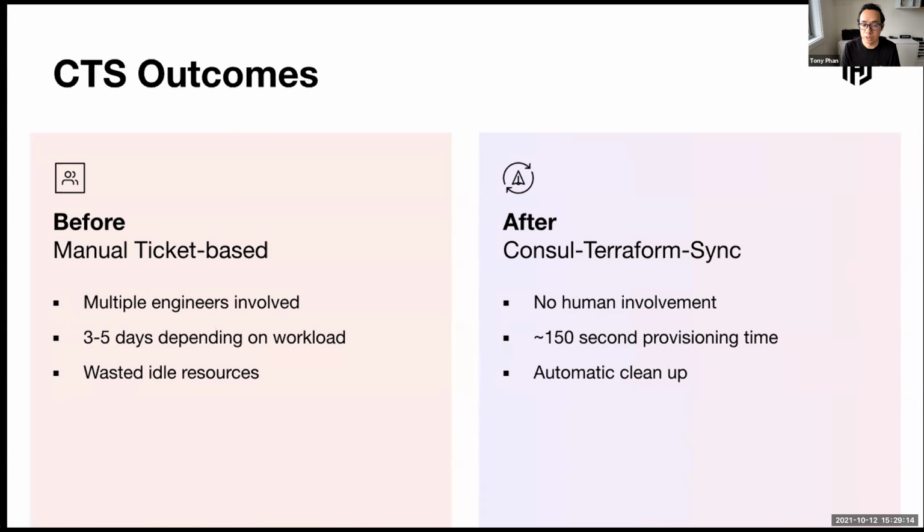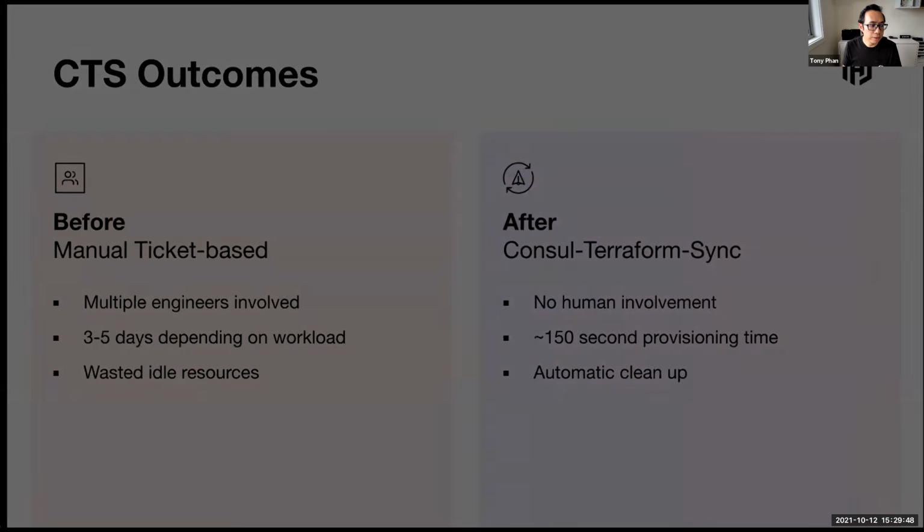There was a lot of time handoff between different teams as each component got configured when it wasn't built end to end. With Terraform-Sync, there was no manual human intervention involved. Provisioning time took a couple seconds. And there's automatic cleanup as well. So we leverage Consul as a registry where all the services that get spun up or changed act as a source of truth. And then Consul-Terraform-Sync executes based on that.